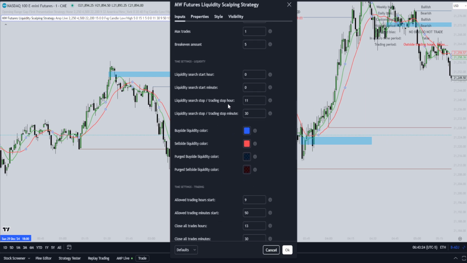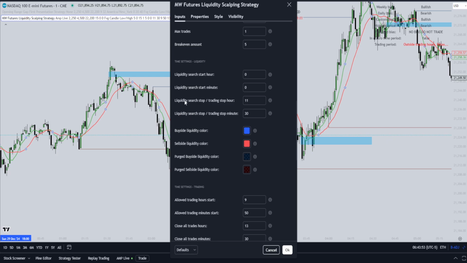For example, if you want to start trading at London time, so that would be 2 a.m. New York time, that means that you at least want to start searching for liquidity before 2 a.m. because otherwise there's no liquidity to scalp. Makes sense, right?